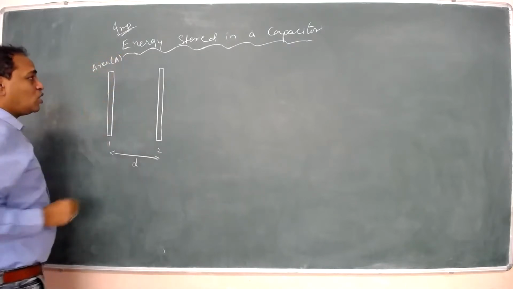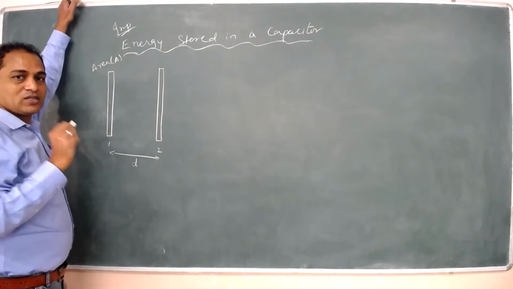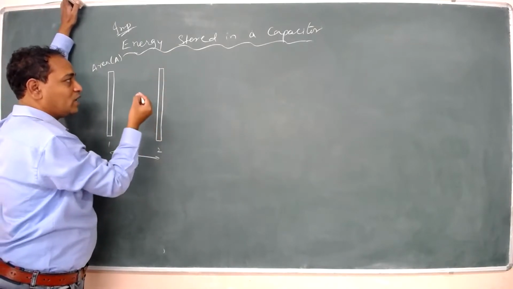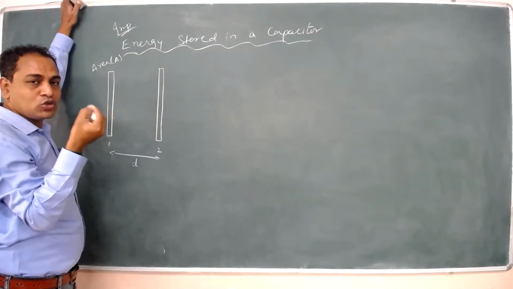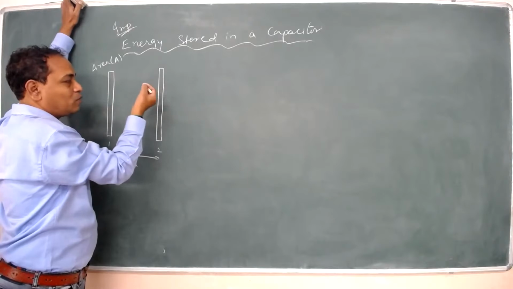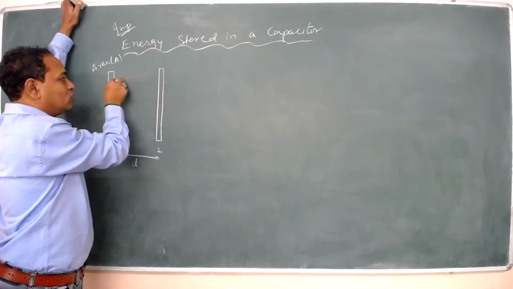A. So now what I will do is, from this neutral plate I am extracting a positive charge and keeping it on the other plate.